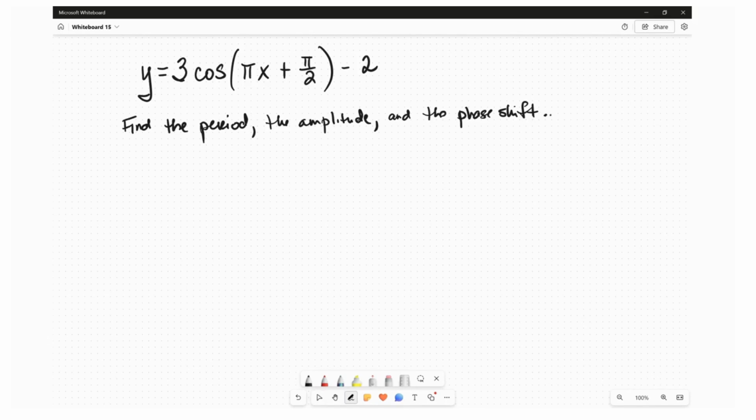All right, that's good enough. So I'm going to give you 2 minutes to find the period, the amplitude, and the phase shift starting now. Let's see how well it goes. And then I'll give you some more stuff to do.